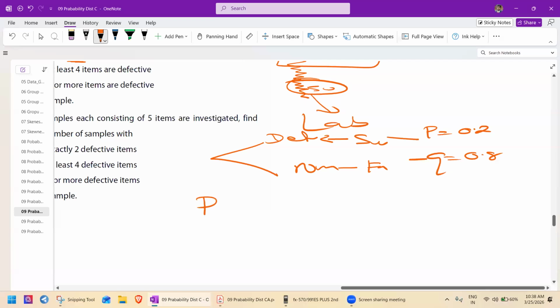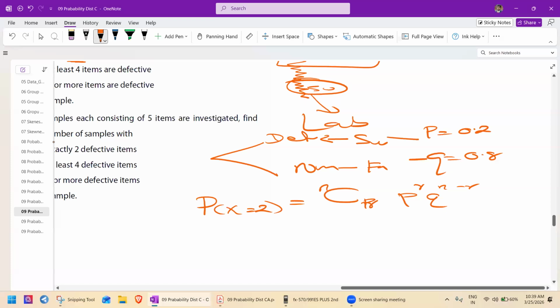Probability of getting exactly 2 defective items. Here we can write nCr p^r q^(n-r).